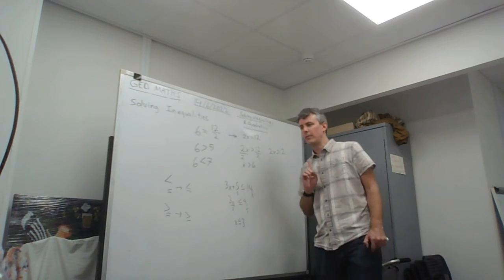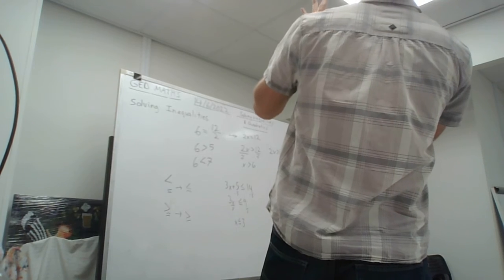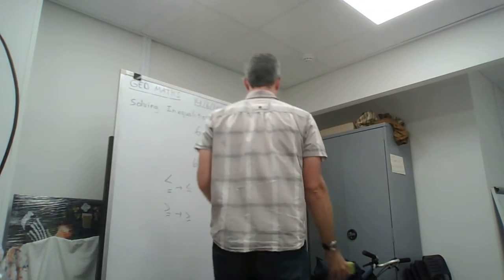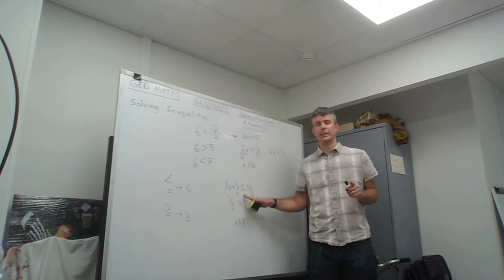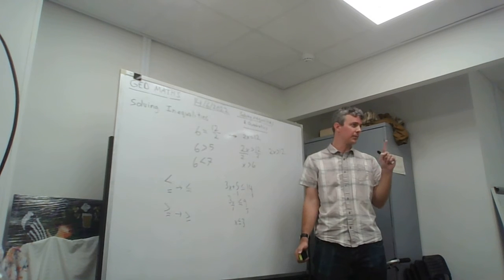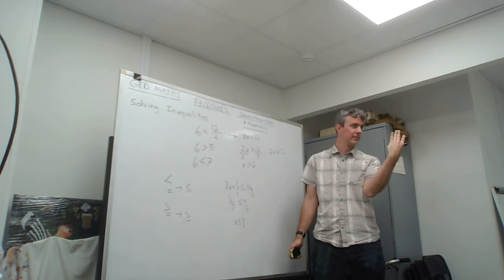Okay. Then there's a very important rule. For inequalities, there's one difference: if you multiply or divide by a negative number, you change the direction of the sign.